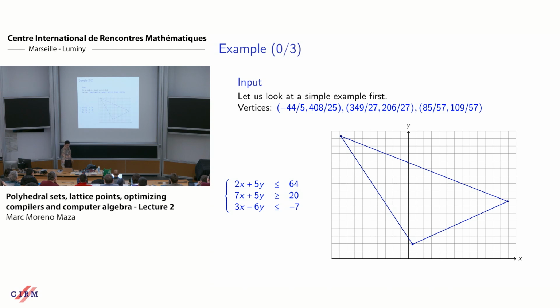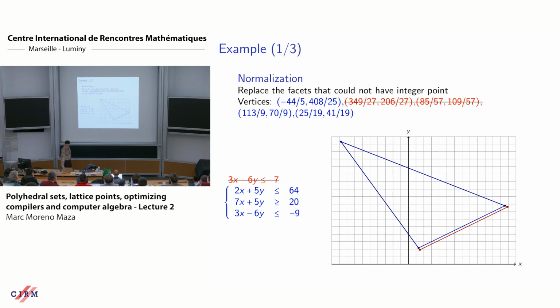Then we slide it towards the center until it reaches a parallel line that contains integer points. So we do that with each facet. Of course, this transformation does not change the integer hull.